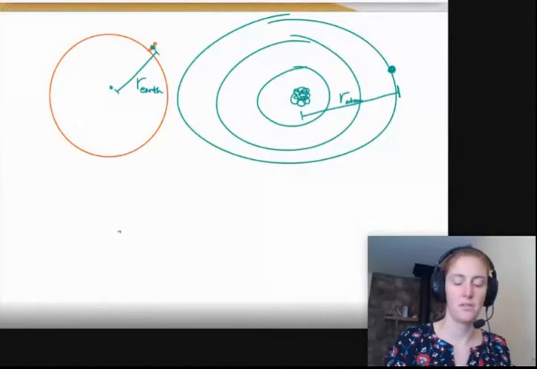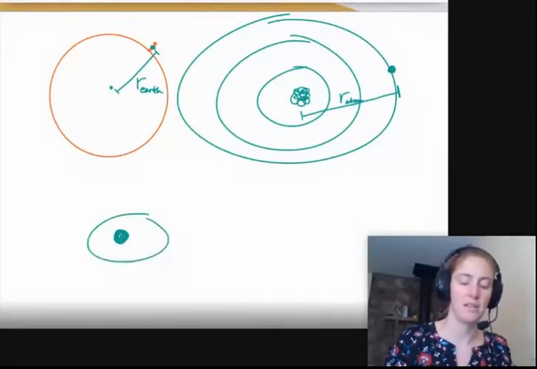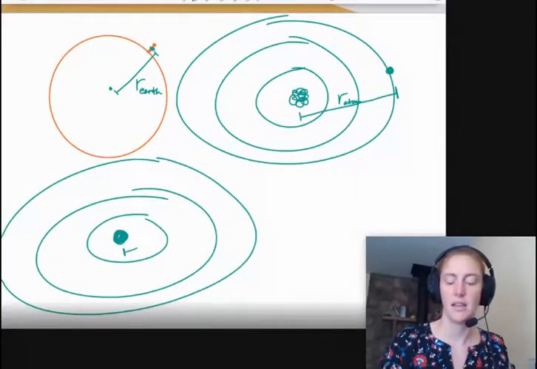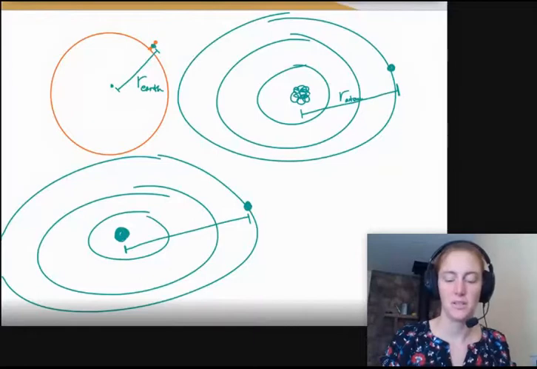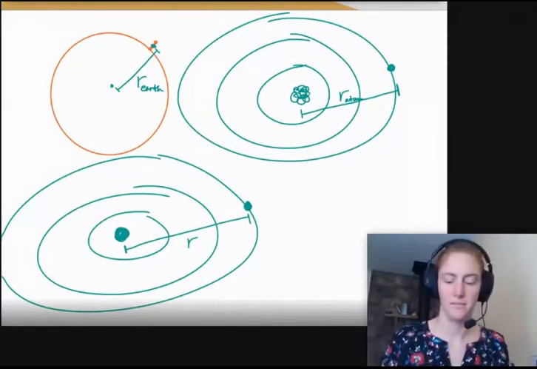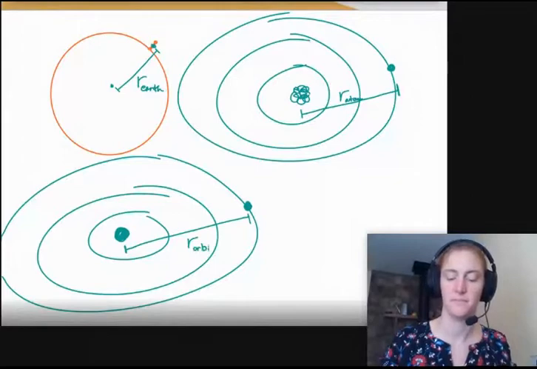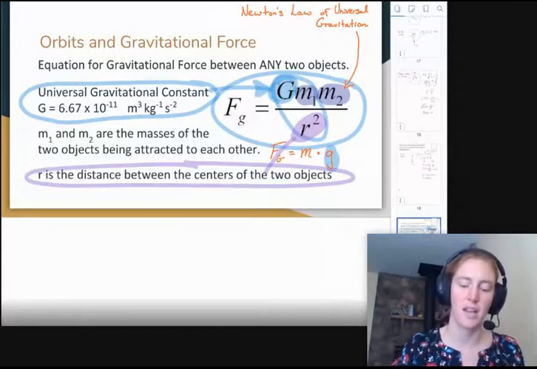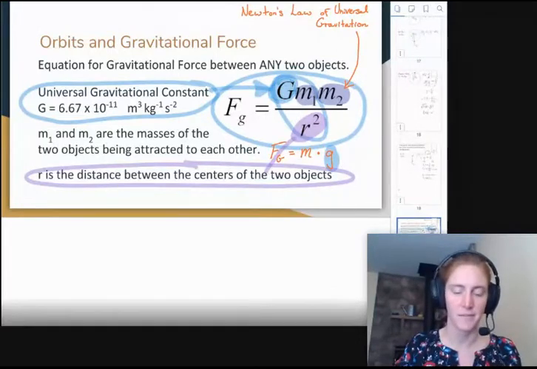So if I have the solar system here, and this is my sun, I can have planets going around it. And again, it would be the distance from the sun to the planet, which is basically the radius of the orbit.